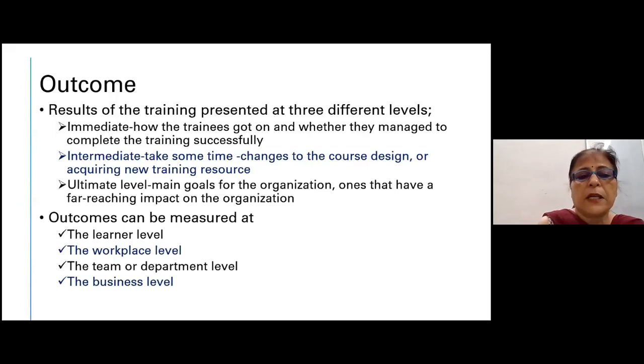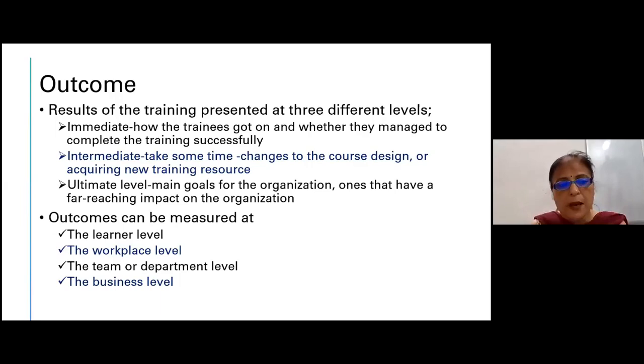And then the ultimate level is, was our problem that we started with satisfied? We started probably with low sales, so have we been able to increase our sales? And has the organization performed over the years better than when we started with the training, say 2 years ago? How is it doing now?